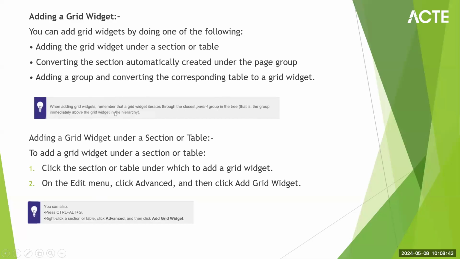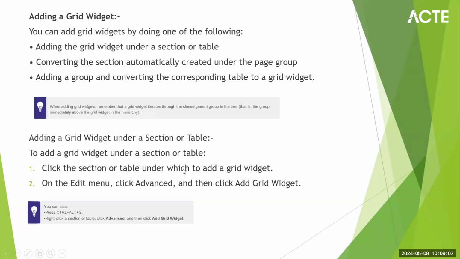When adding a grid wizard, remember that a grid wizard iterates to the closest parent group in the tree. Whatever the parent group is for the particular field, that will be iterated. So how do we add a grid wizard under a section or a table?